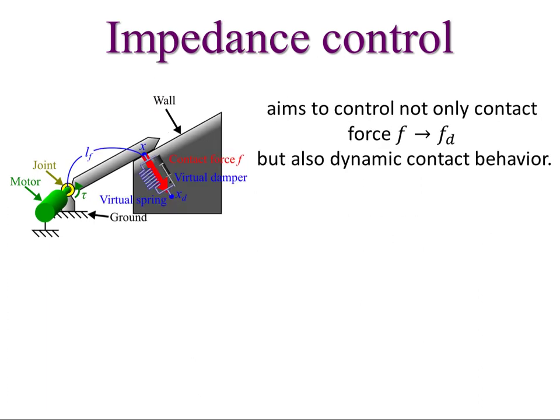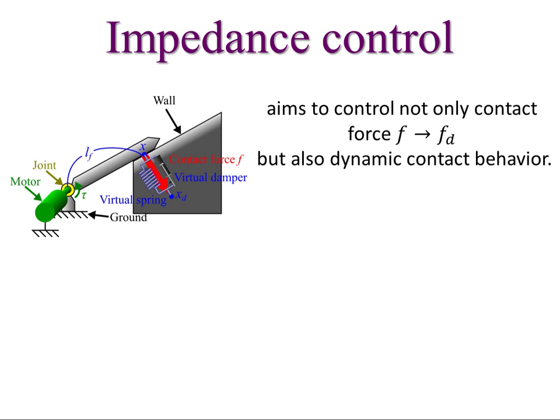Instead of controlling the force directly, impedance control indirectly controls the force by enforcing the mechanical behavior of the robot. In impedance control, the mechanical behavior of the robot and the contact force are controlled by simulating the situation where elastic and viscous elements are attached to the tip of the robot, as shown in this figure.